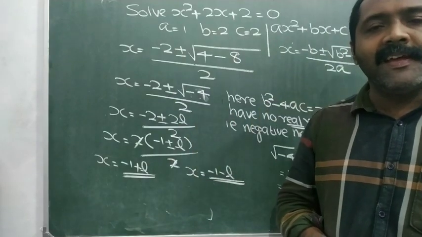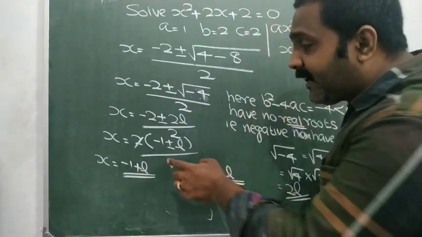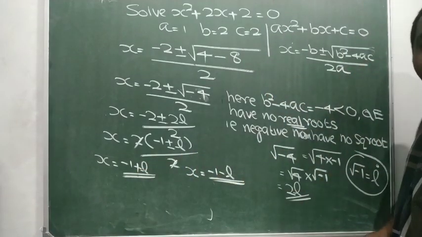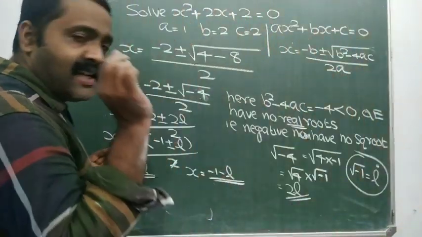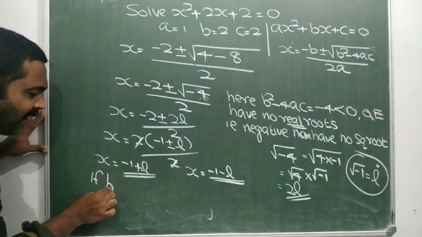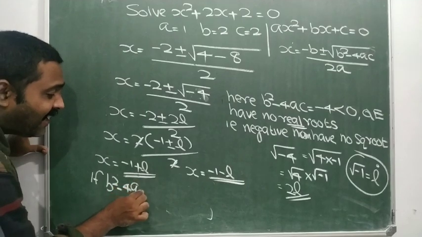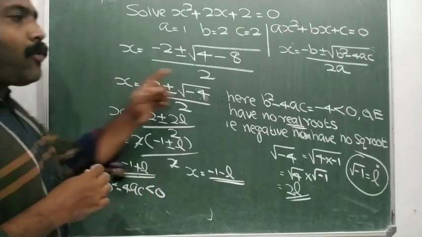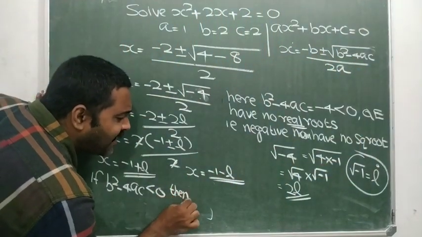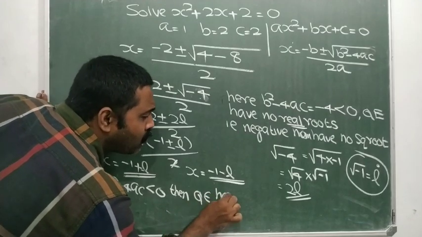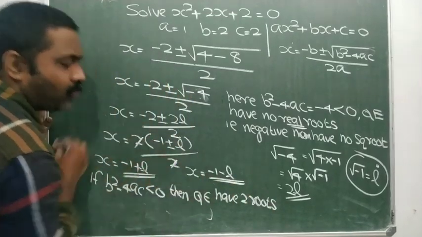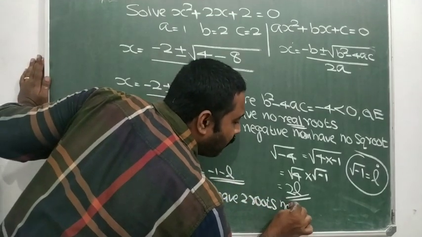Imaginary numbers, involving the term I. Then we conclude that, look here, if b square minus 4ac is less than 0, then the quadratic equation has 2 roots. How many roots? Two roots, not real numbers.